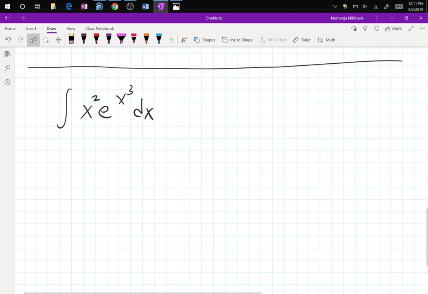What is the derivative? Look at the mess. What's u? U equals?